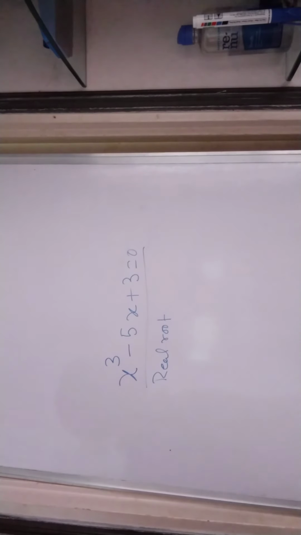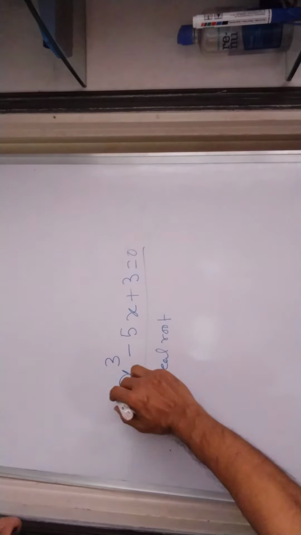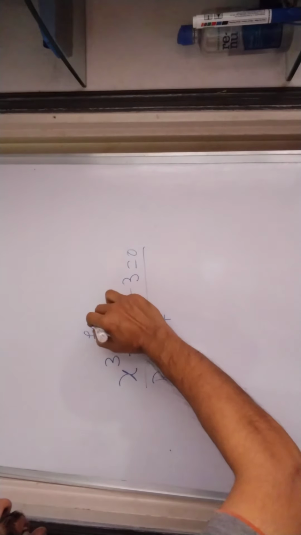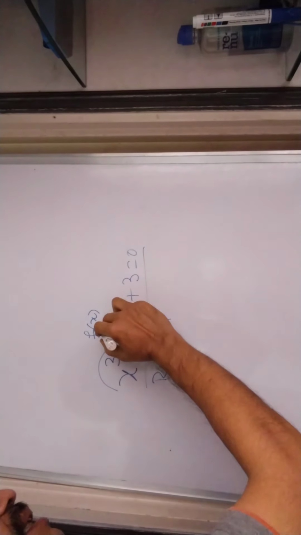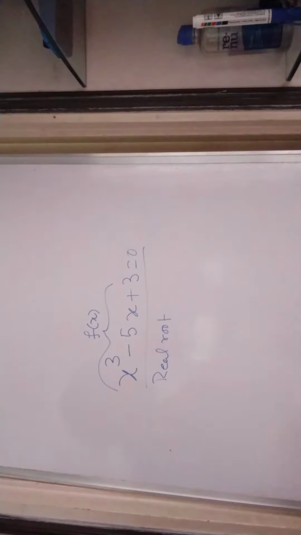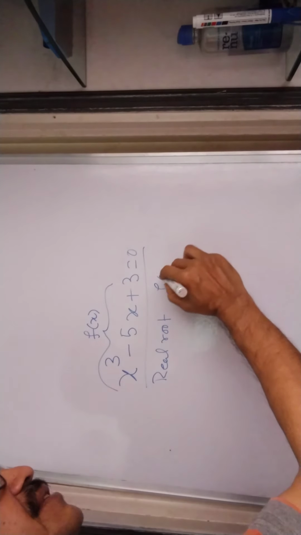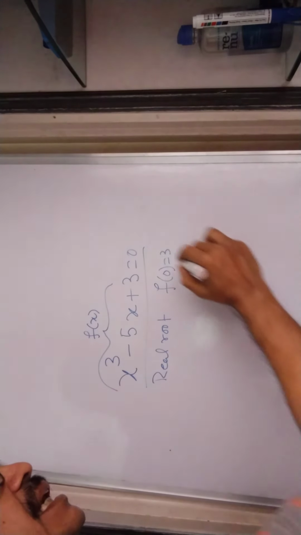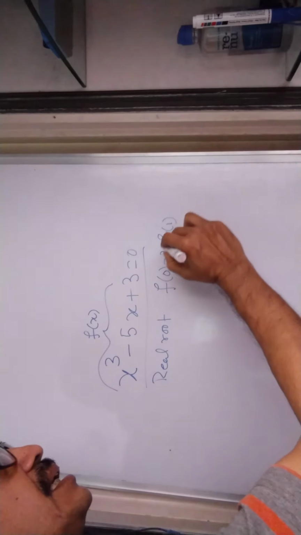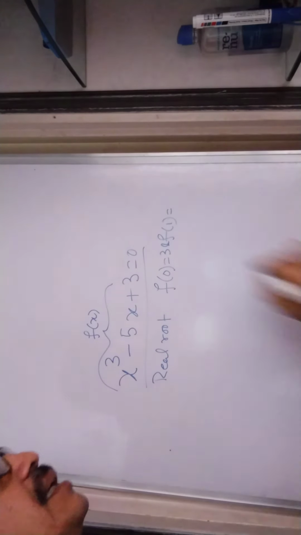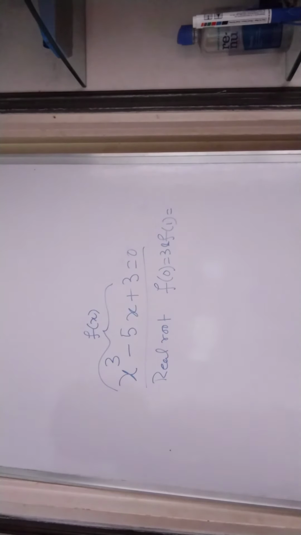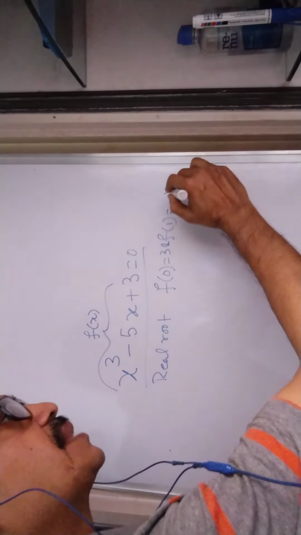So, we intend to find that real root, and if we denote this equation as f(x), then you can easily see that f(0) is 3 and f(1) is minus 1.